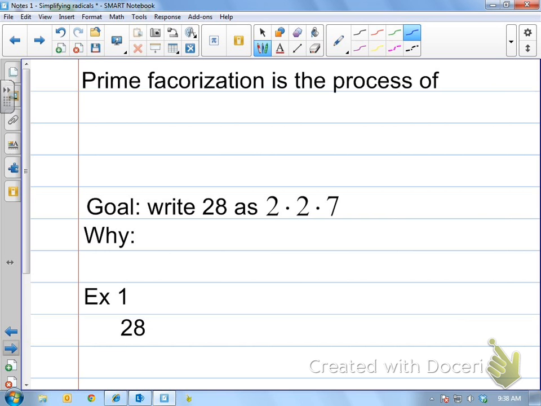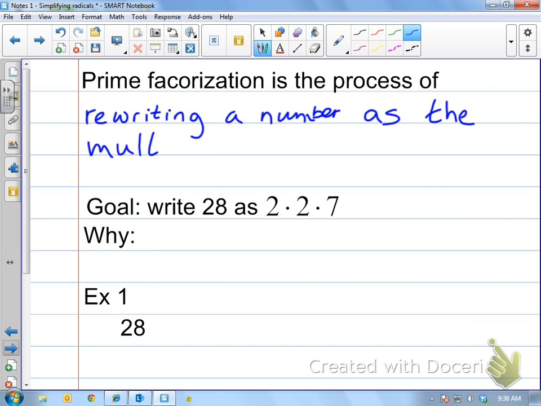So prime factorization is the process of rewriting a number as the multiplication of primes.